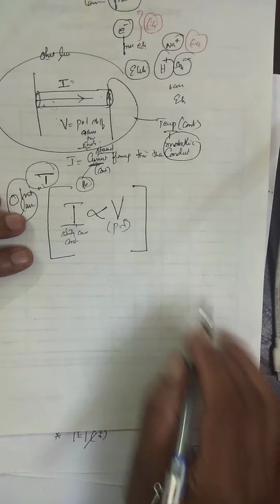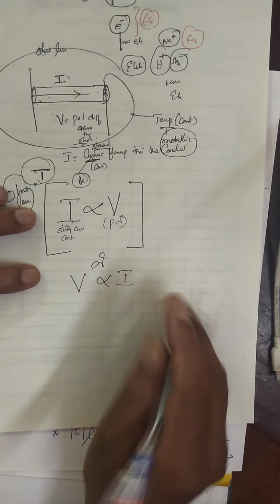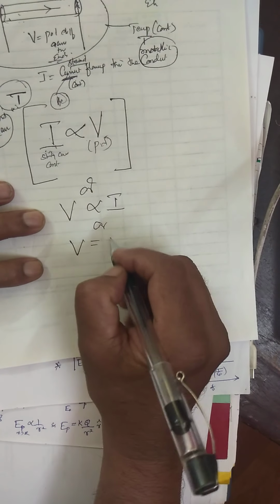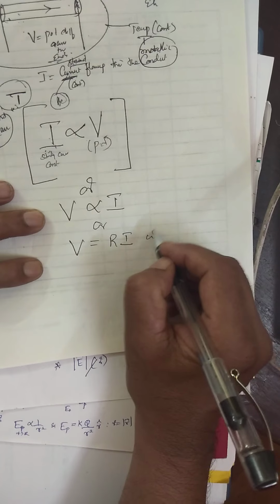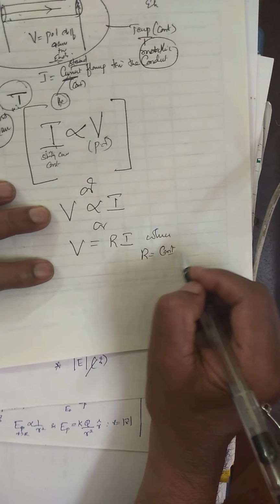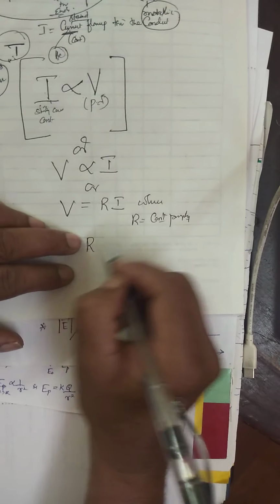You have to mention constant temperature. Or V is directly proportional to I, or V is equal to R into I, where R is the constant of proportionality of the conductor. This R is also called what?